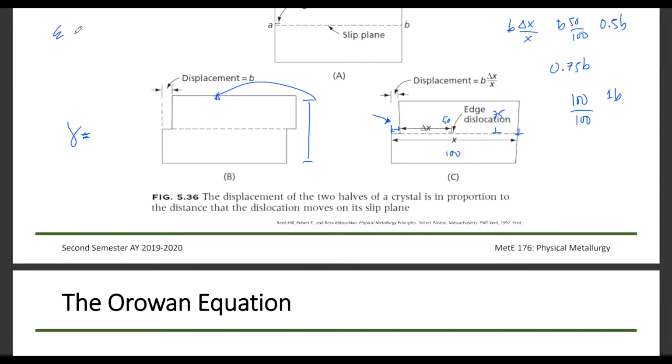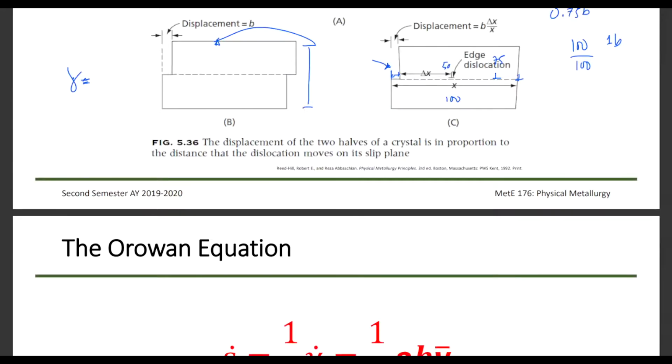So epsilon is the lateral strain. Shear strain is when the strain is applied parallel to the plane of action, where in this case it's the slip plane. So we can relate the two quantities.